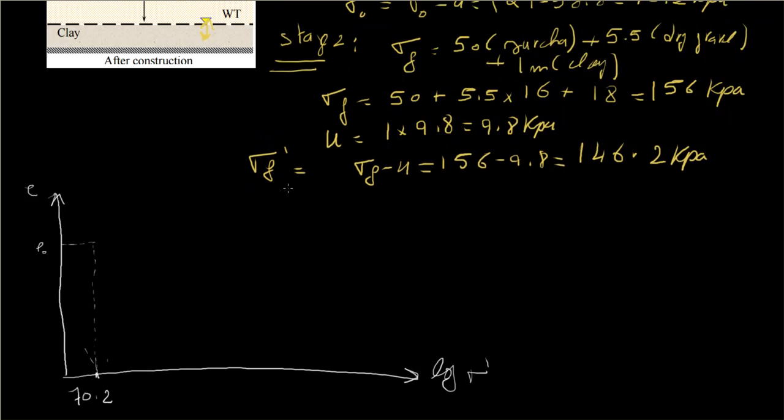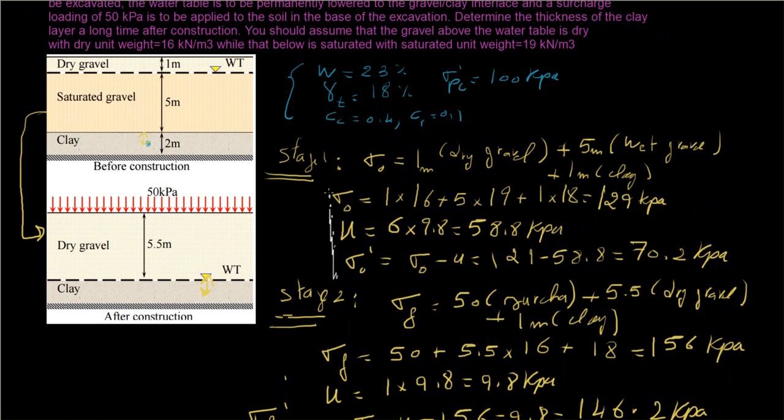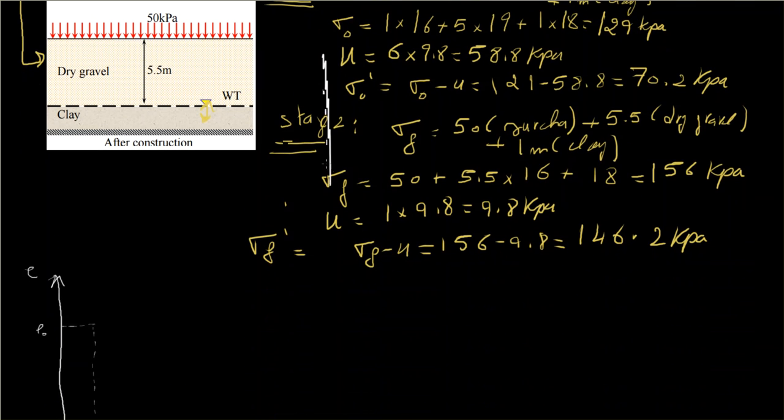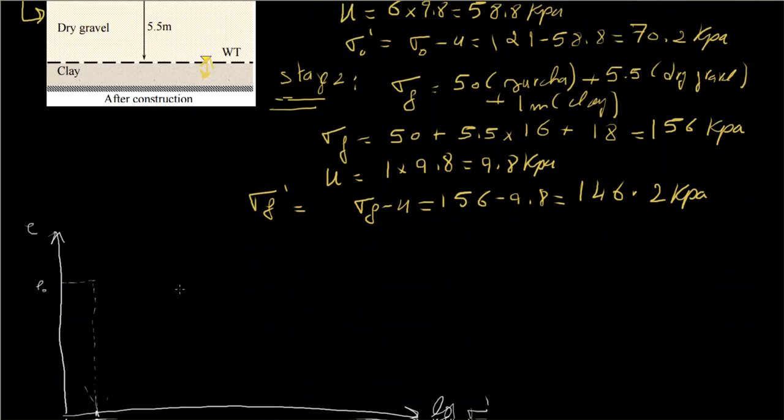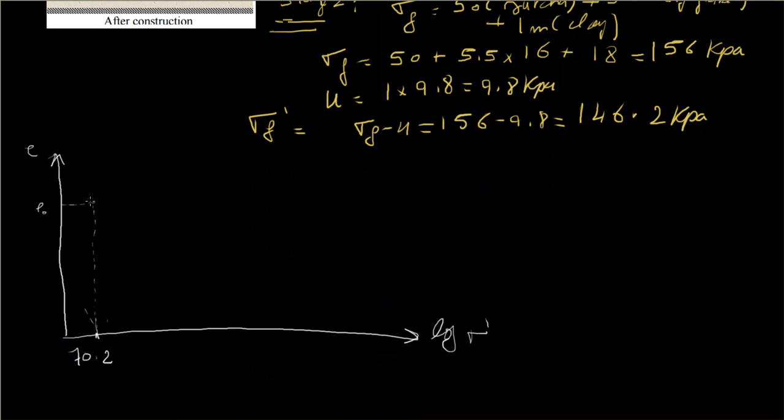Then, since sigma dash naught is less than sigma dash pc, which is 100, we would be following the recompression line.